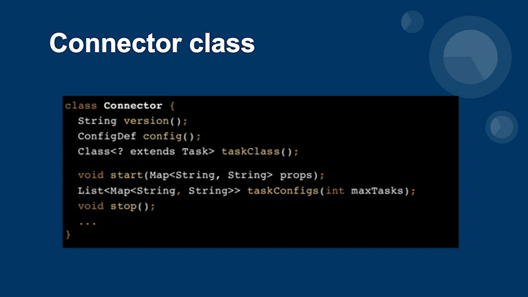In the taskConfigs method, we receive the number of tasks that we have to run. And based on that number, we divide the work and delegate it to the different tasks by defining these configs and returning them as a list. Each task will then get their own task level configs when each of the tasks gets started.